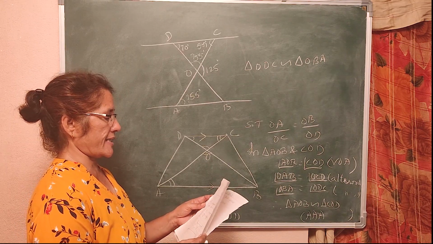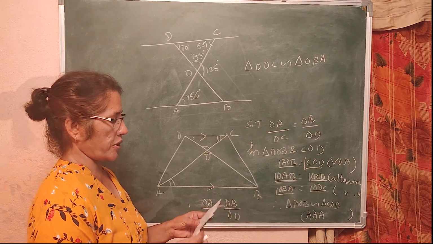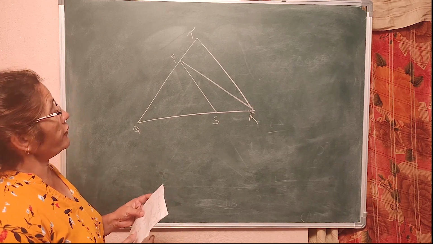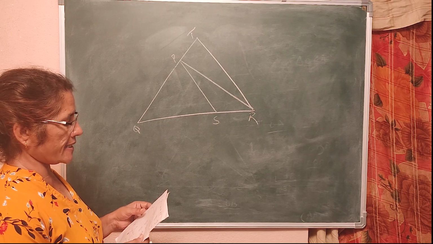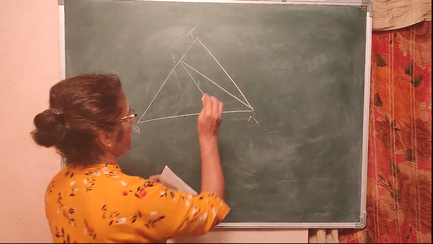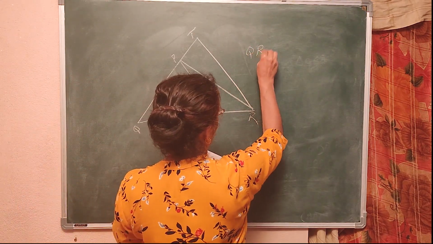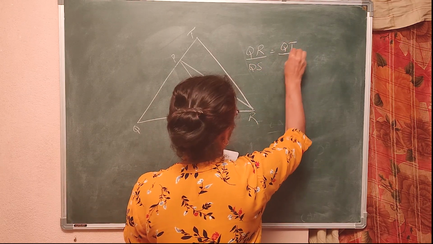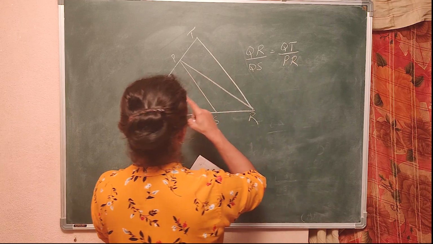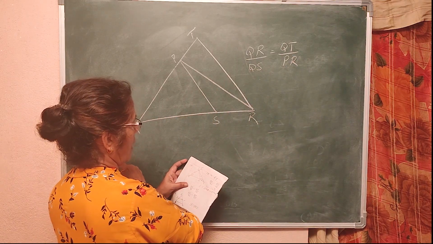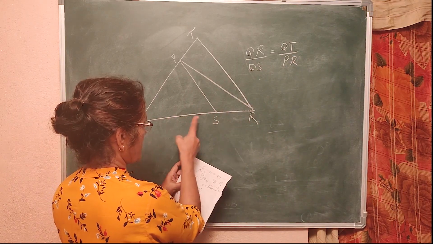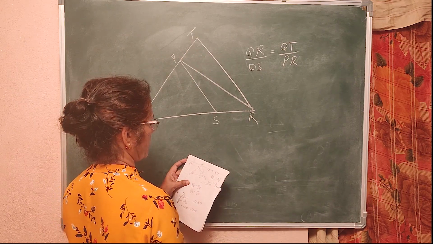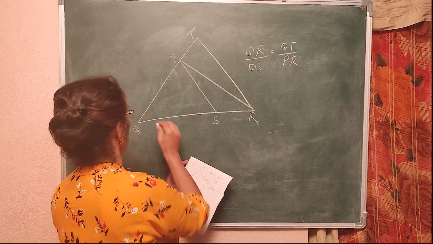So, let me discuss the next question. The next question is like this. In the figure, they have given QR by QS is equal to QT by PR, and angle 1 is equal to angle 2.